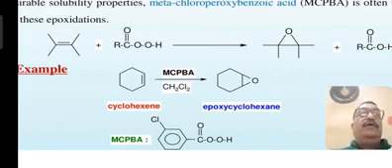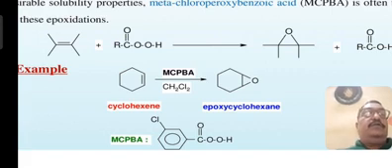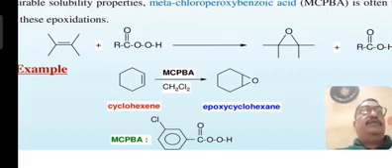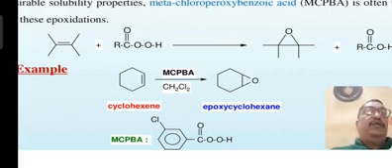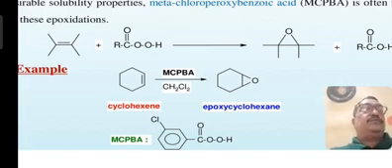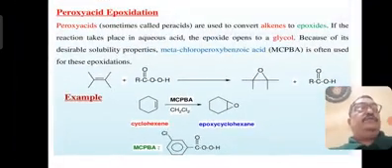So this is a reagent which is used as an intermediate. Insertion of oxygen leads to the formation of epoxy cyclohexane. Epoxy cyclohexane means a cyclohexane is there and the oxygen is in between the two carbon atoms. So this is a possibility, right?